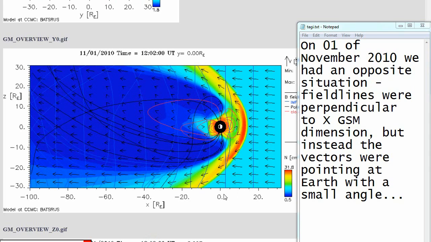Field lines were perpendicular to X GSM dimension, but instead the vectors were pointing at Earth with a small angle.